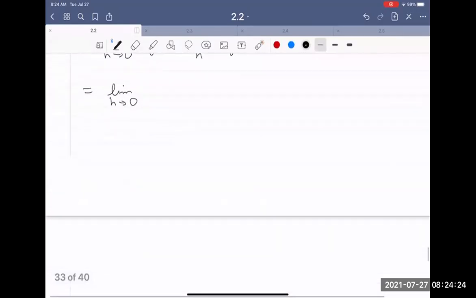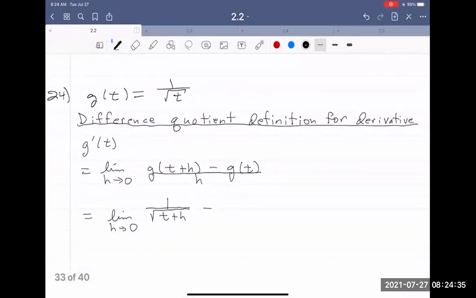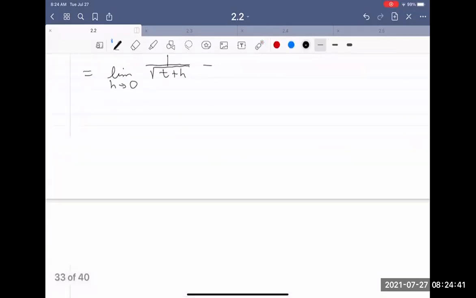And so I get 1 over square root t plus h minus, well, g of t is just 1 over the square root of t. All divided by h.